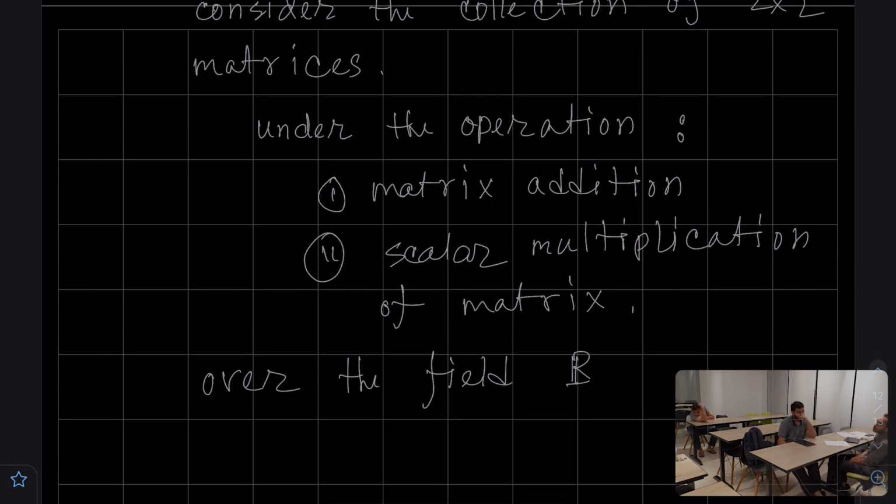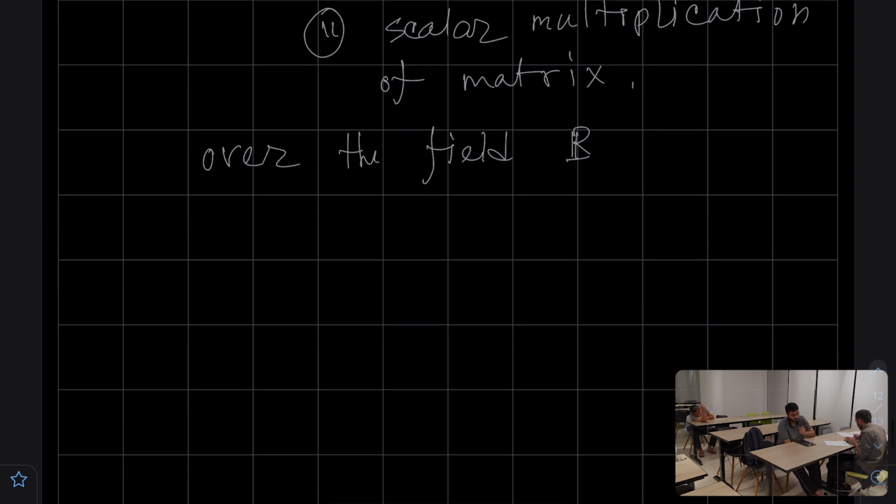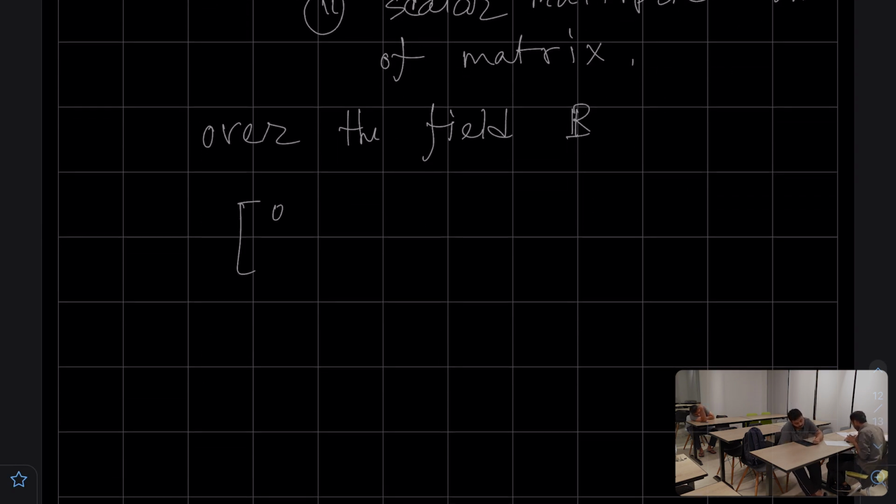Can you tell me, for the vector space, what we need to show is that there exists a neutral element in the vector space, right? Can you tell me which one is the neutral element in 2x2 matrices? Zero matrix, right? So the neutral element is 0, 0, 0, 0, right?